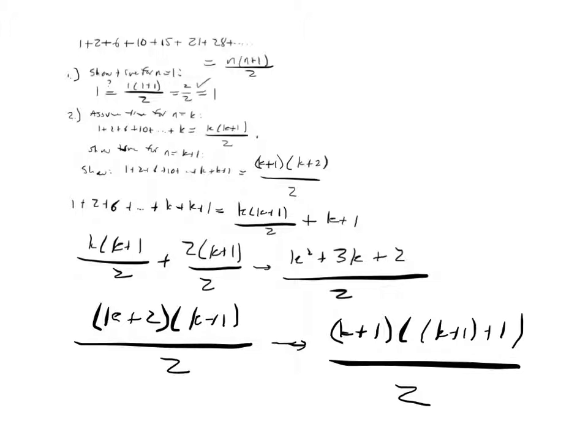I needed to show that that sum was k plus 1 times k plus 2 over 2, or k plus 1 times k plus 1 plus 1 over 2. And indeed, that's exactly what I've done. I want to show true for k plus 1. Well, the formula is supposed to be then k plus 1, and the next term would be k plus 1 plus 1, all over 2. Voila.